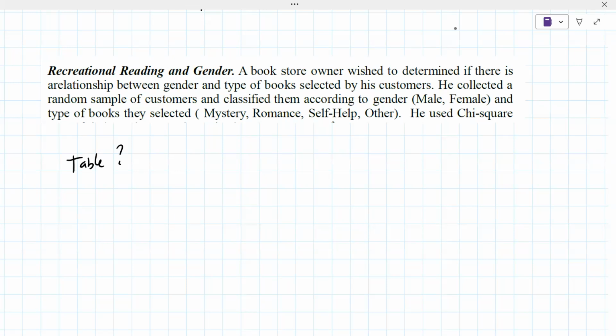Between gender and type of book selected by his customer, how could you organize male, female, mystery, romance, self-help, and other into a table? Wouldn't you use that kind of table?